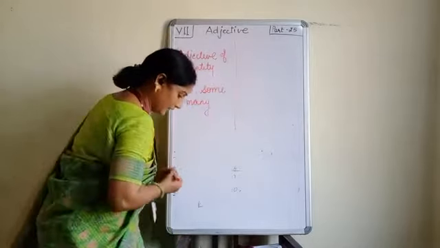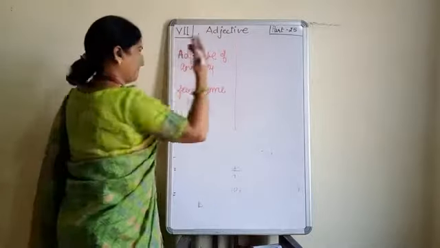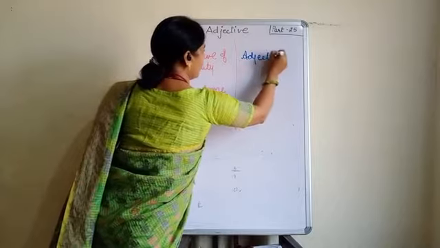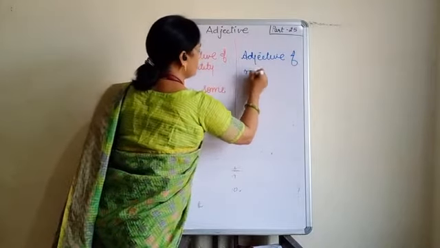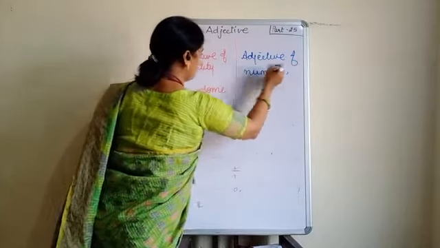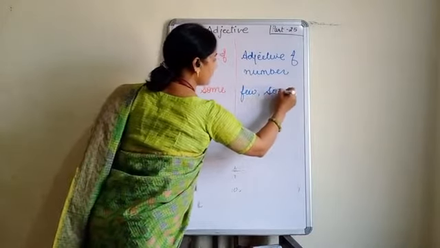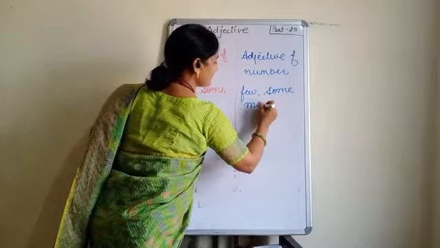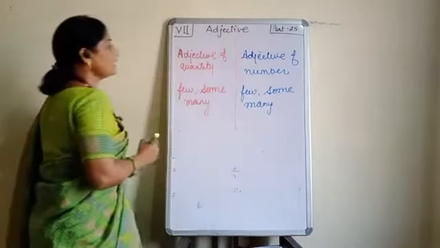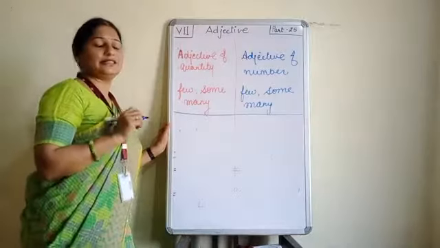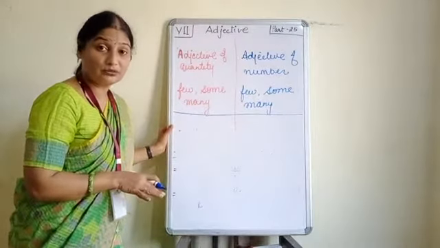Clear? Here, adjective of number. And what are those words? Few, some and many. Now, see children, because all these adjectives express the noun or pronoun. Clear?